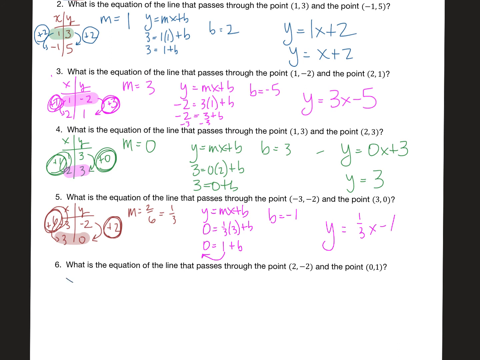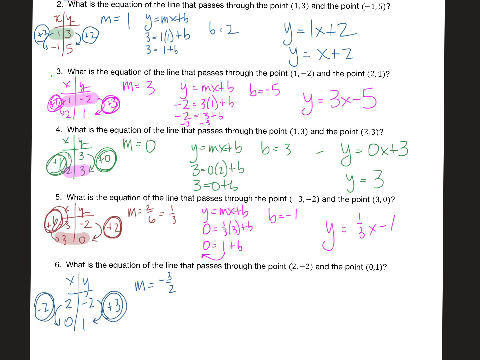Okay, last problem. My ordered pairs are 2, -2, and 0, 1. So from -2 to 1 is a change of 3. From 2 to 0 is a change of -2. So my slope is the change of y over the change of x. That's -3/2.